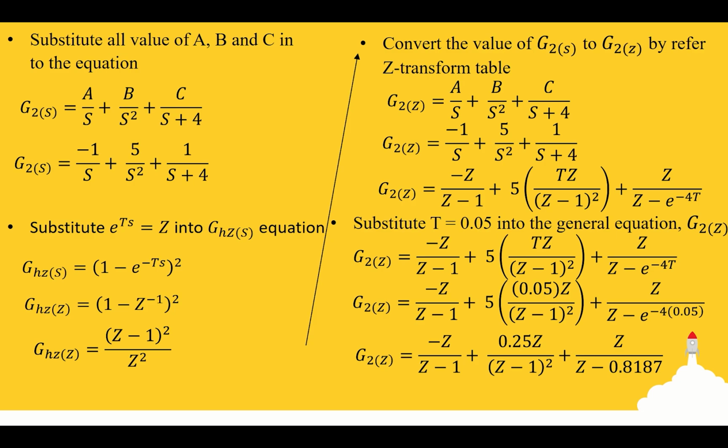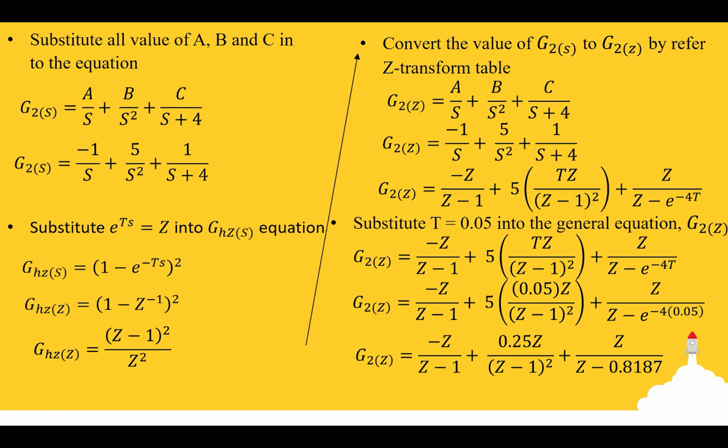So as you can see, the value of negative 1 over s, from the z transform table, is equivalent to z over z minus 1. Why we get negative z is because the real equation is negative 1, so we have to put the negative on the z.